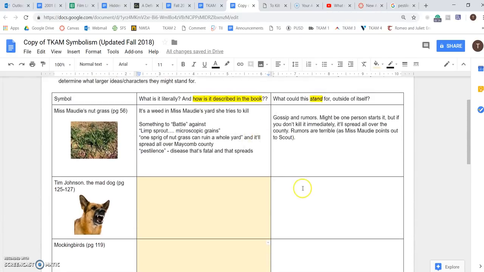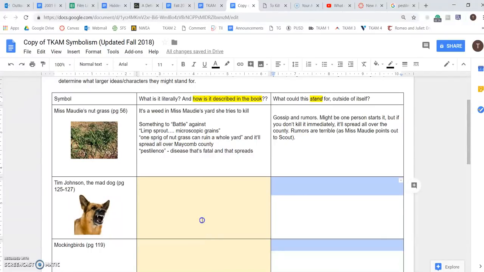If you can figure out what idea it stands for, please fill those boxes out as well, but we will work through those tomorrow and see what people came up with and talk over how to figure that out from the description that you found.